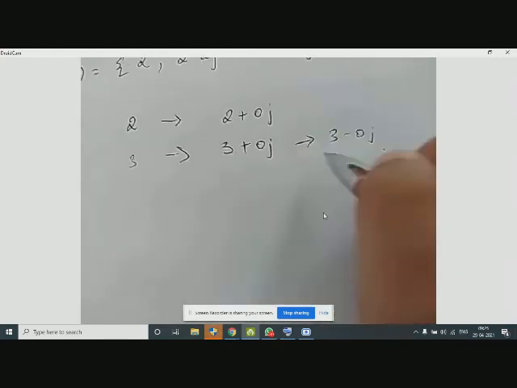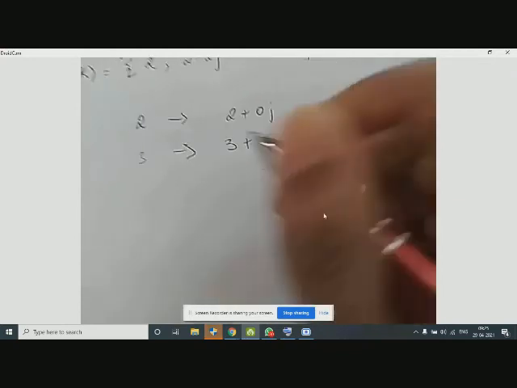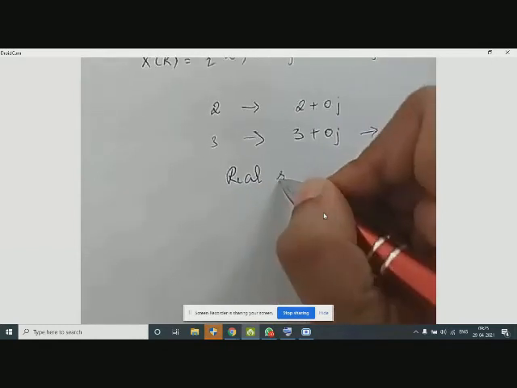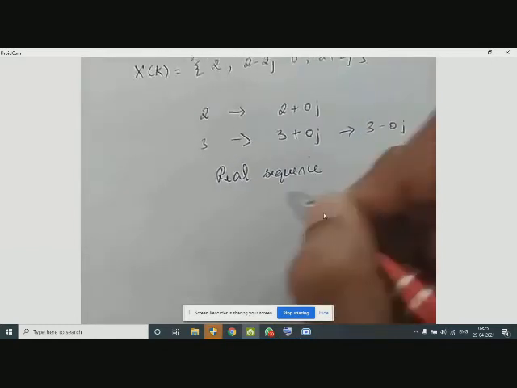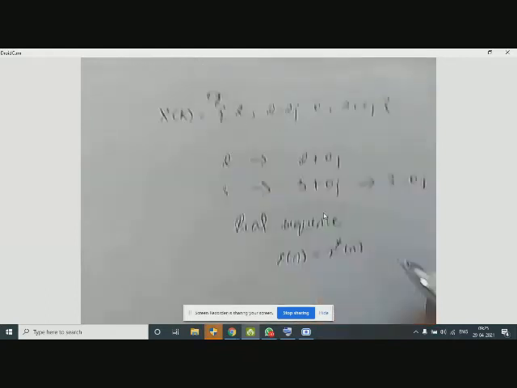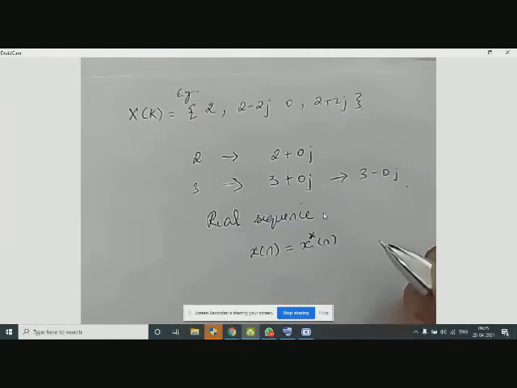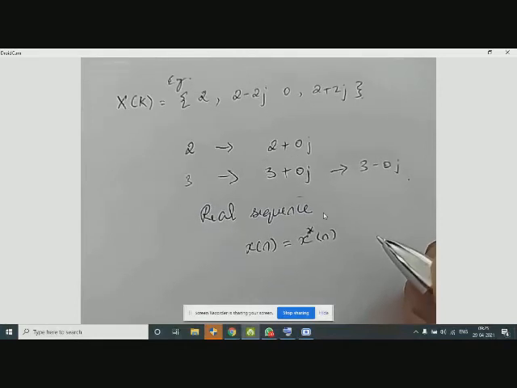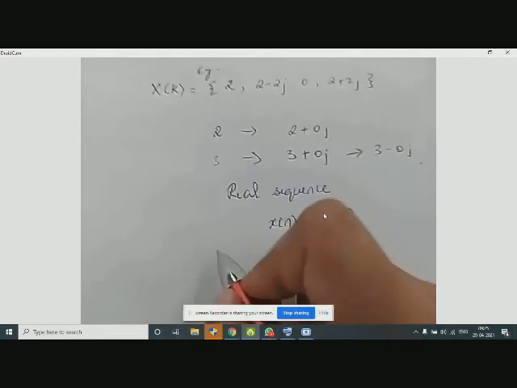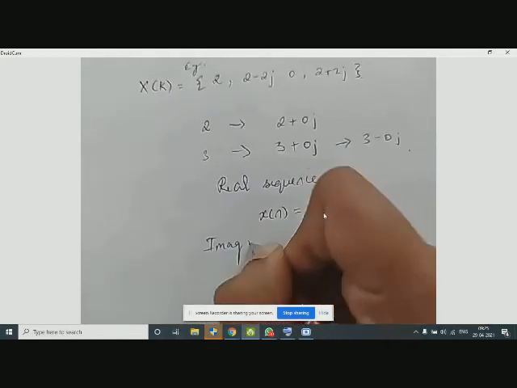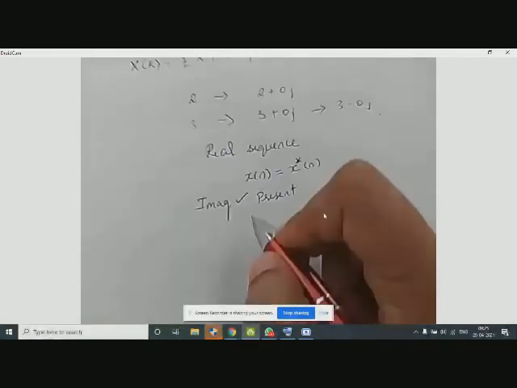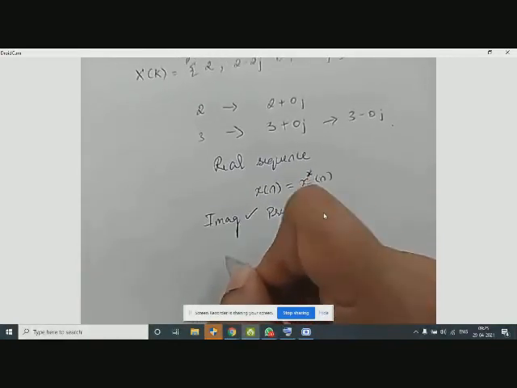This is the conjugate of this, but it is same, right? So for any real sequence, I can say that x of n is equal to x star of n. Can I say this? Yes or no? But whenever an imaginary term is present, you cannot do that.